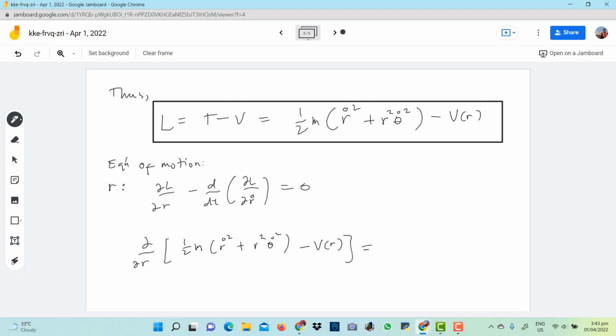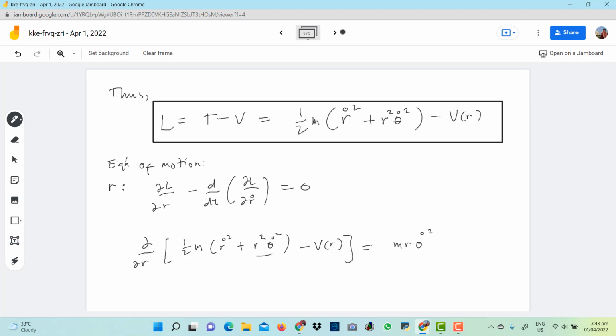The first term becomes 0 because one half M R dot squared is just constant with respect to R. Then I have 2R, but with the one half outside, so I have M R theta dot squared. Right? That is the derivative of my first term with respect to R: M R theta dot squared.